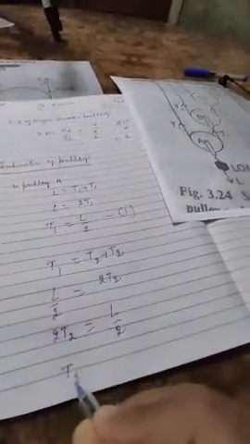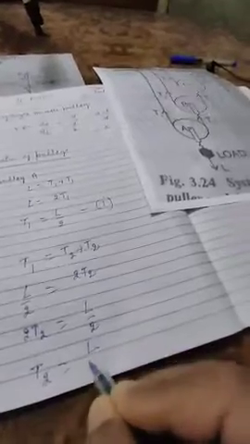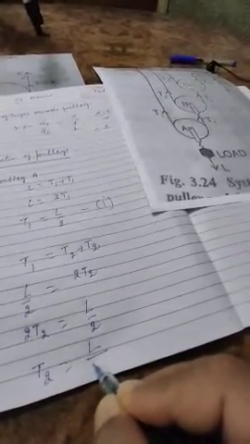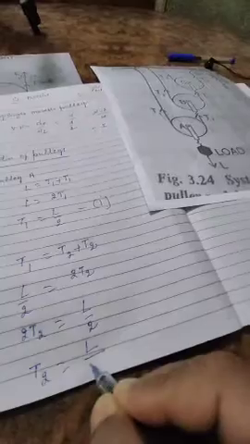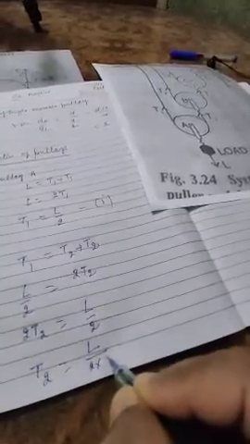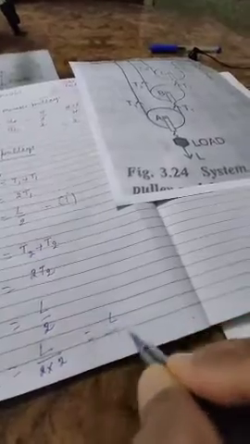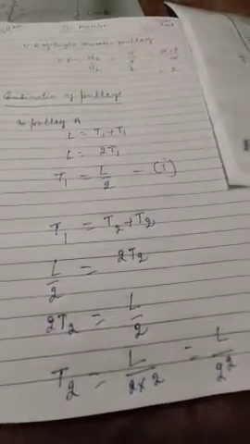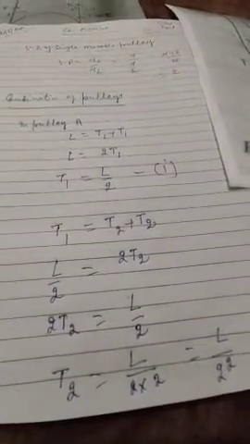So T2 is equal to L by 2 into 2, or you can write it L by 2 raised to power 2. Clear? So T2 is equal to L upon 2 squared.